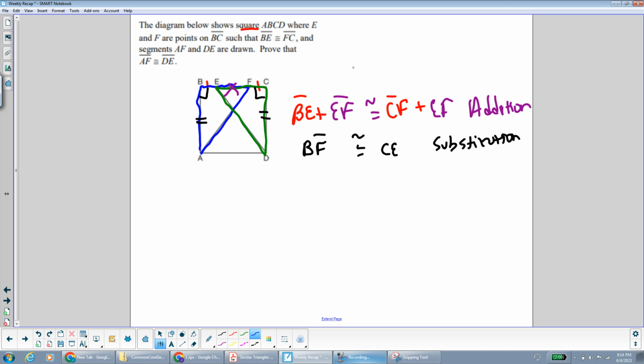Before you can use your addition postulate, very important, because you have to start with congruent and be adding on congruent, you do need to say that EF is congruent to itself because that's what you're adding on to both, and that would be by the reflexive postulate. So that would need to come before the addition. And then we would have the triangles congruent by SAS. And from there, it's one more step to CPCTC to prove the two segments that we're interested in congruent.